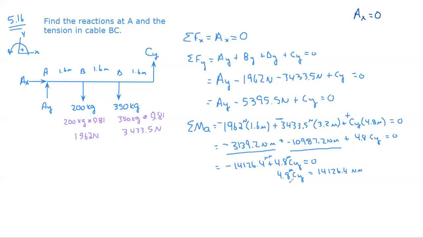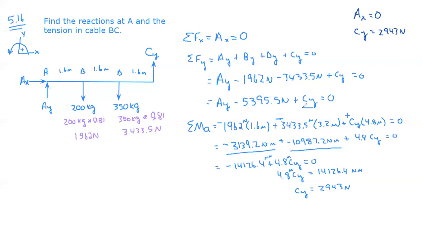Finally, dividing both sides by 4.8, we get that the value of CY is 2,943. Let me double check that that's correct. Divide by 4.8. Yep, 2,943 newtons. I'll put that up here so I have it. CY is 2,943 newtons. We can definitely use that information now.